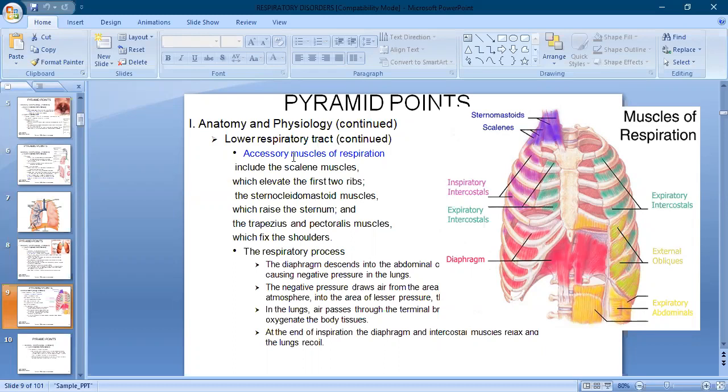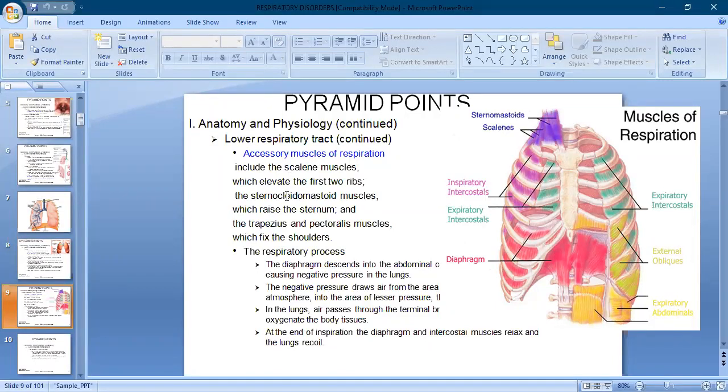The major muscle is the diaphragm; other muscles directly or indirectly help respiration. These are called accessory muscles. The accessory muscles include the scalene and also the sternocleidomastoid, right?